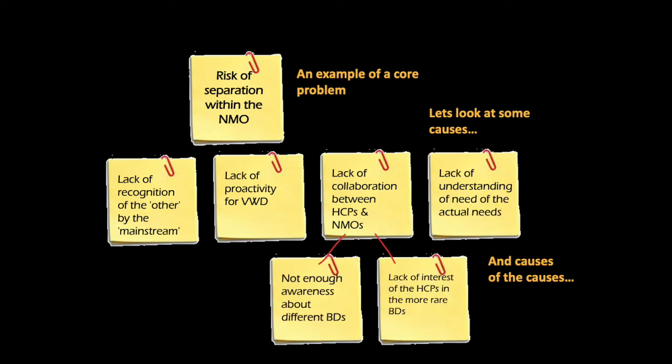So for the lack of collaboration between healthcare professionals and NMOs, a cause for this is that there is not enough awareness about different bleeding disorders among the healthcare professionals and also the NMOs, I imagine this is not specified, and also there is lack of interest of the healthcare professionals in the more rare bleeding disorders. So they don't want to specialize in this because, yeah, I don't know what reasons, but this is what was the sub-cause.